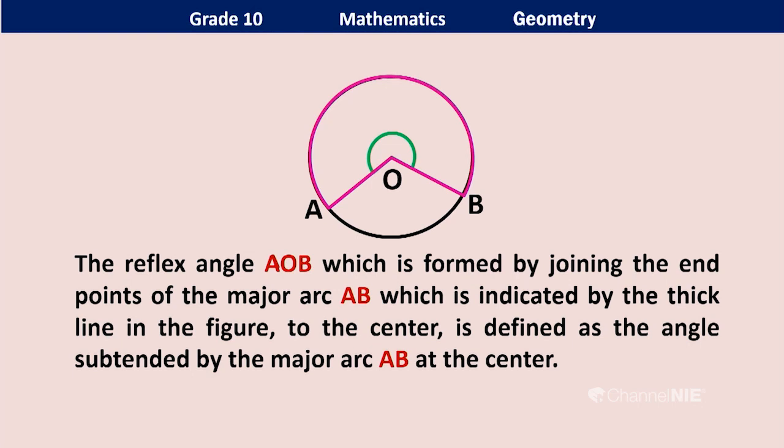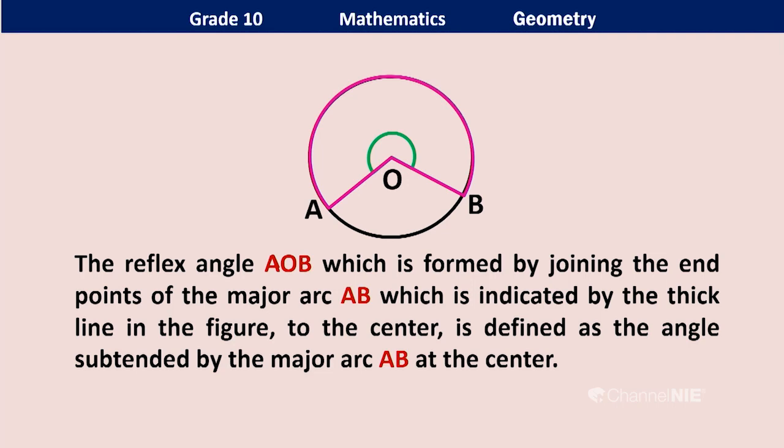Right. So, we can say the reflex angle AOB, which is formed by joining the endpoints of the major arc AB, which is indicated by the thick line in the figure, to the center, is defined as the angle subtended by the major arc AB at the center.